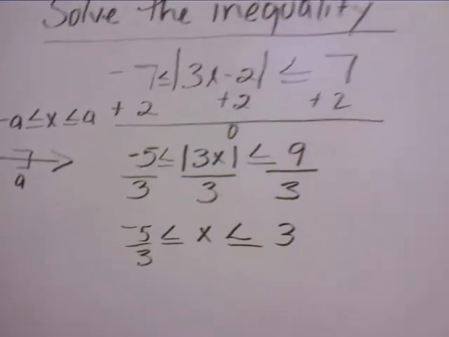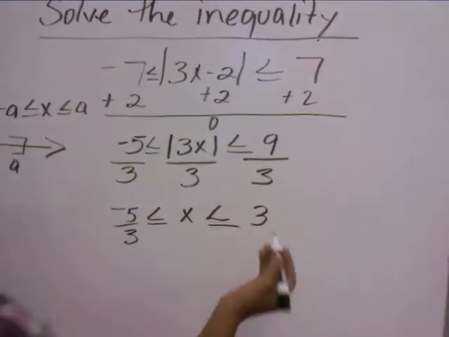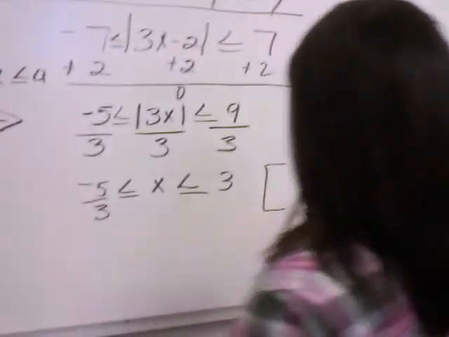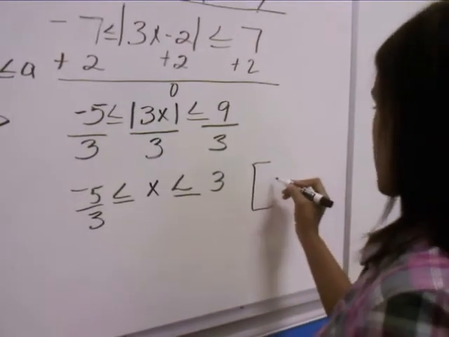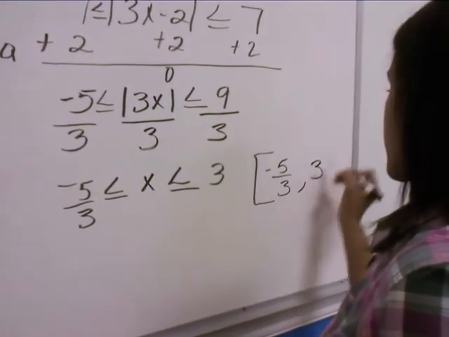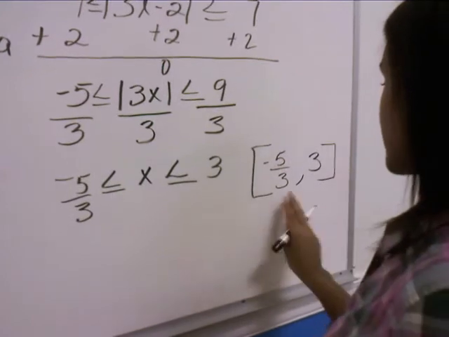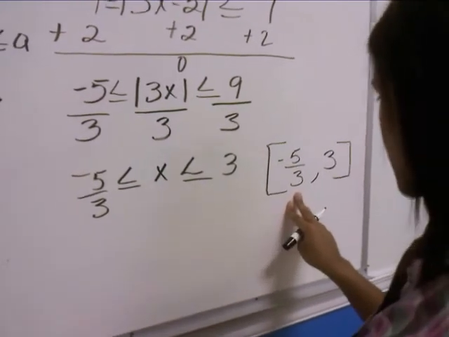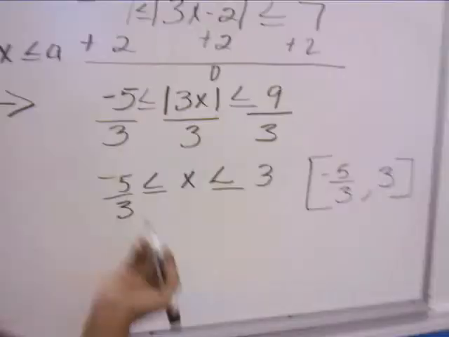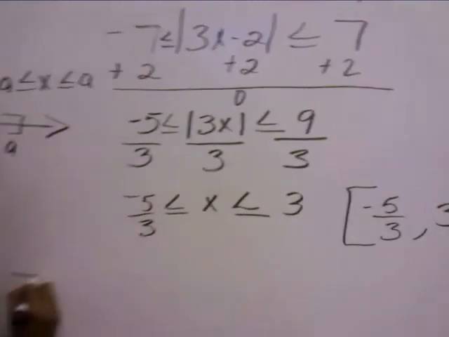Now, the way we would graph this, first we have to put it in interval notation. We use brackets because it is included. So it would be negative 5/3, comma, 3. The least of the numbers always goes first and the highest goes second. Now we have to graph this. Graphing is very simple.